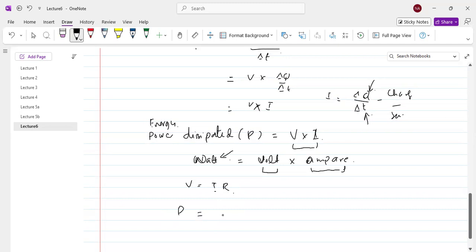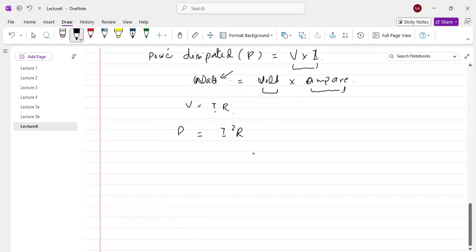Then power dissipated can also be written as I square R. Also, if we use I equal to V over R, then power can also be written as V multiplied by V over R, that is V square over R.